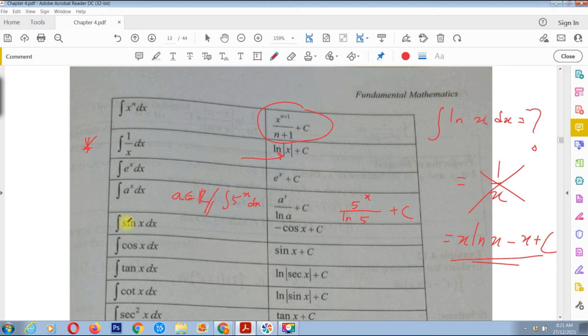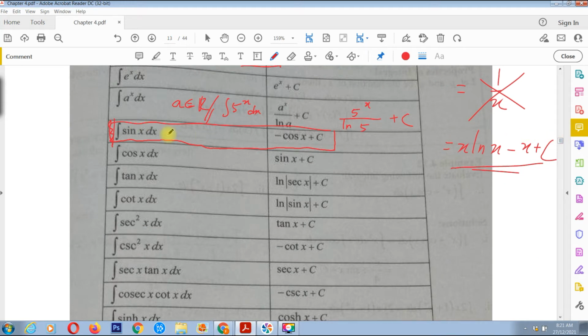And then if you integrate sine, we get negative cos x. You just remember the one which consists of a negative. If you remember two, maybe you will be confused later. You just remember one; the others will be the opposite. And then integrate secant square x, we get tan x.